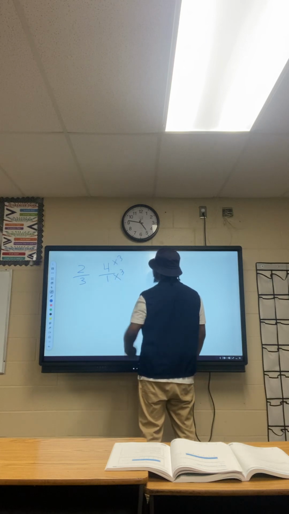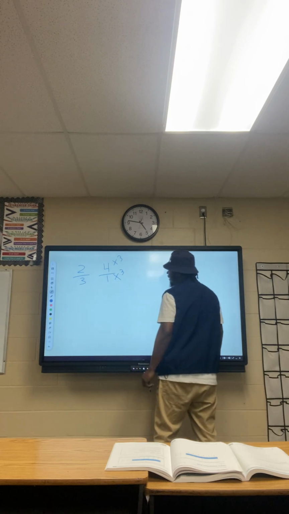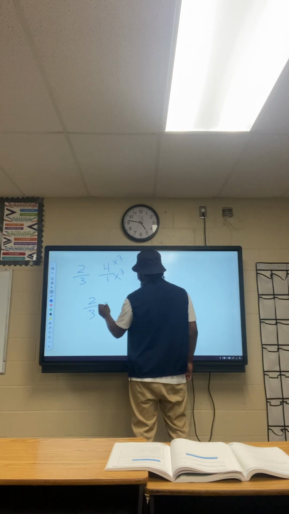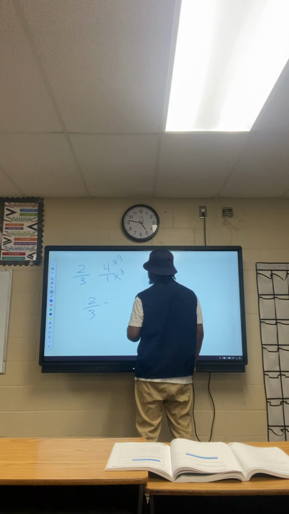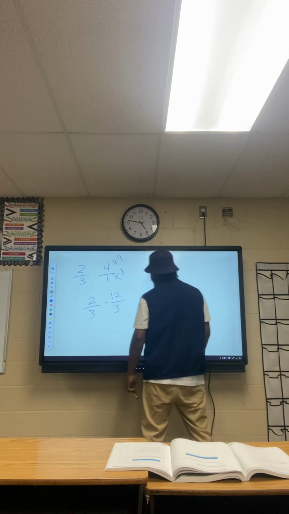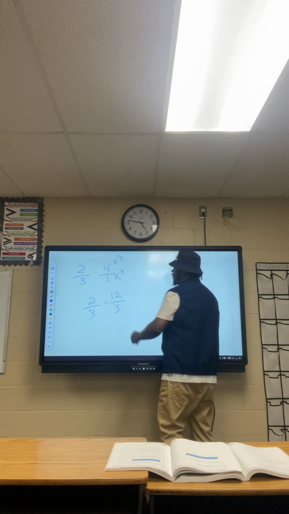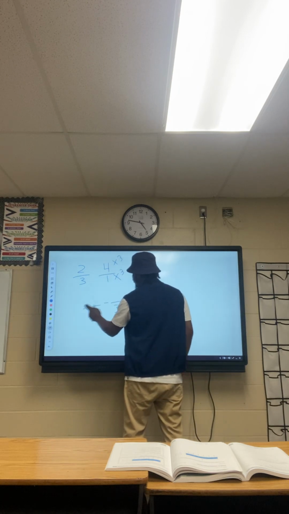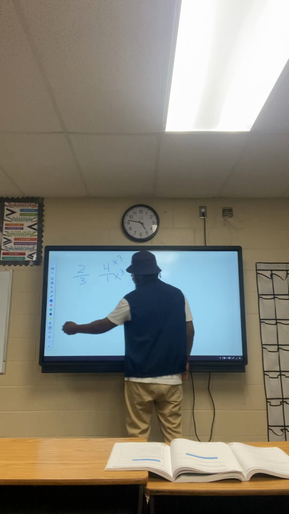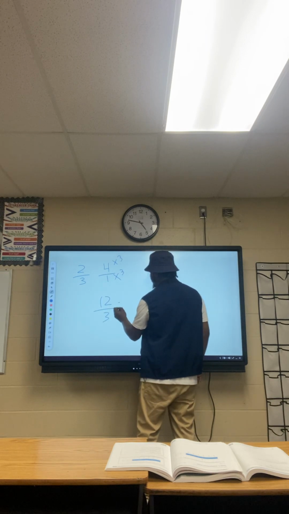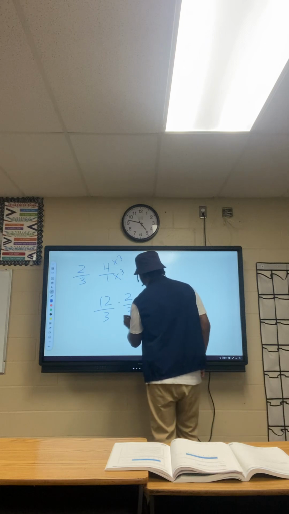Whatever you do to the bottom, you have to do to the top. So let's see our new fraction. We have 2/3, and we're dividing by 12/3, okay? It doesn't matter what order you put these in. I would actually like to start with 12/3, and I'm gonna divide it by 2/3, okay?